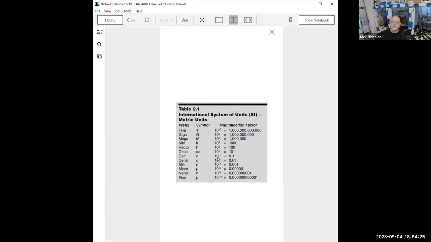The base unit would be right in between deca and deci. Deca right here is 10 times the base unit. Deci is a tenth of the base unit.